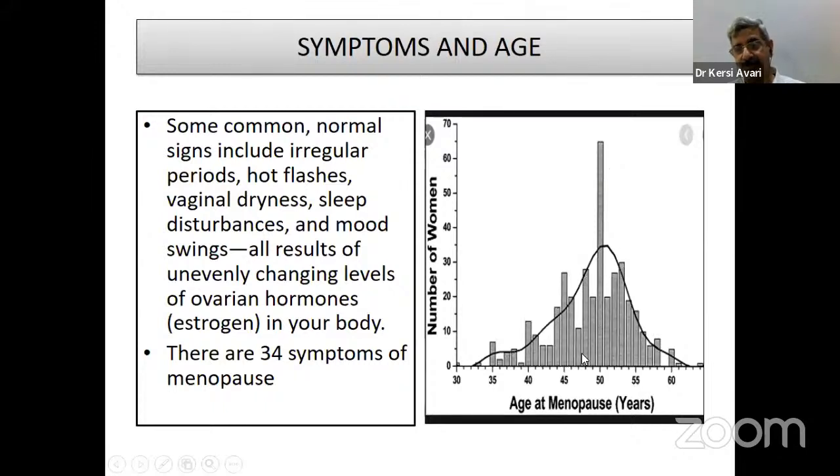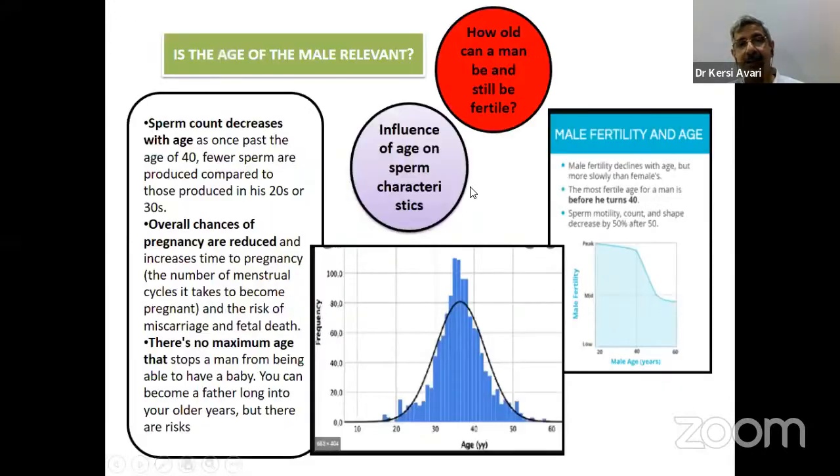In menopause, 34 symptoms. These are the most regular ones, or most chronic ones, or most predictive ones. Now, this is in the case of a female, and this is in the case of a male.